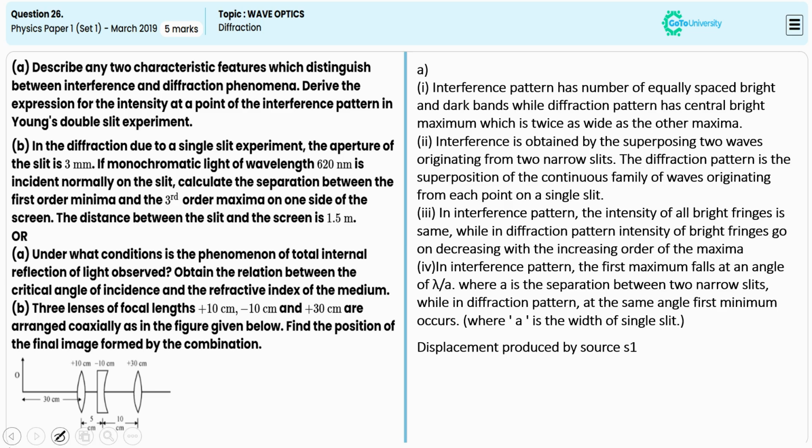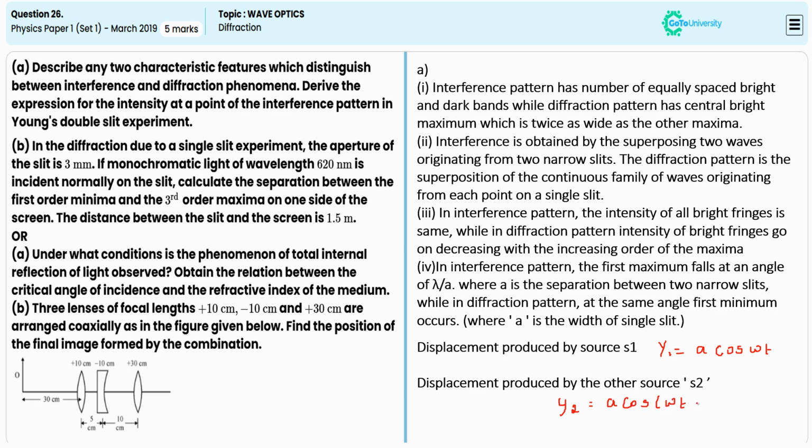Then, the displacement produced by source S1 we can write as y1 is equal to a cos omega t, and the displacement produced by the other source S2, that is y2, is equal to a cos of omega t plus phi.